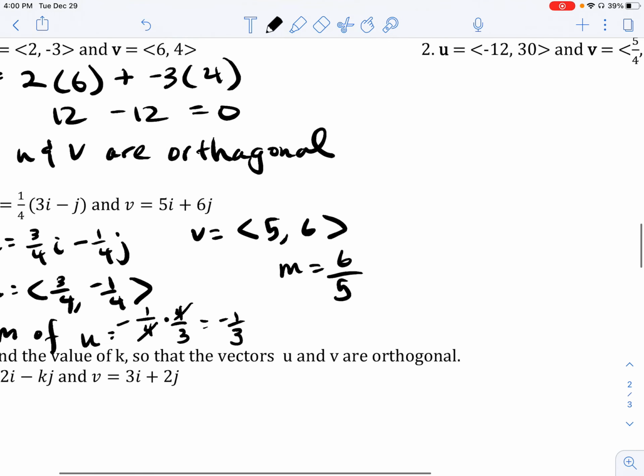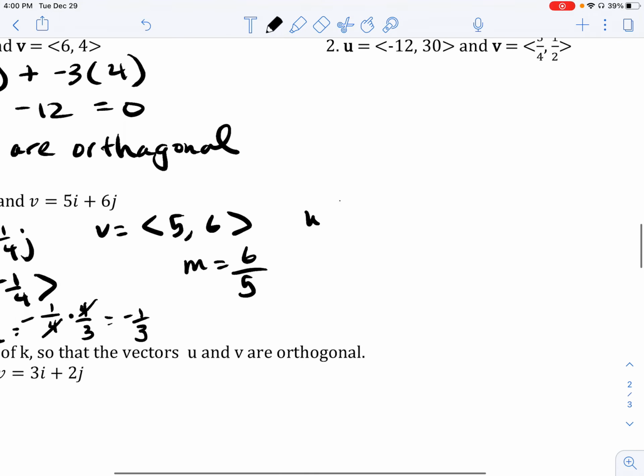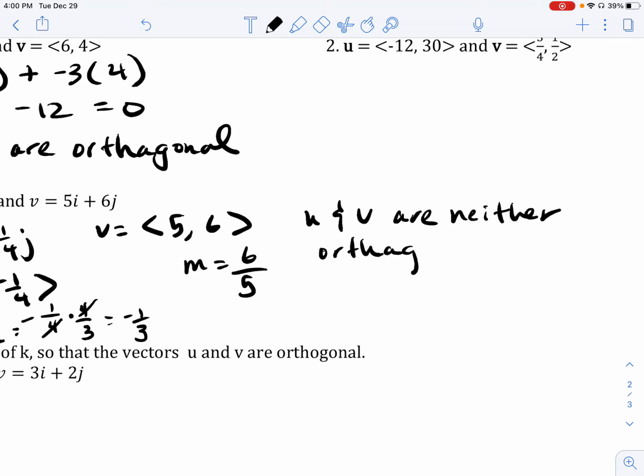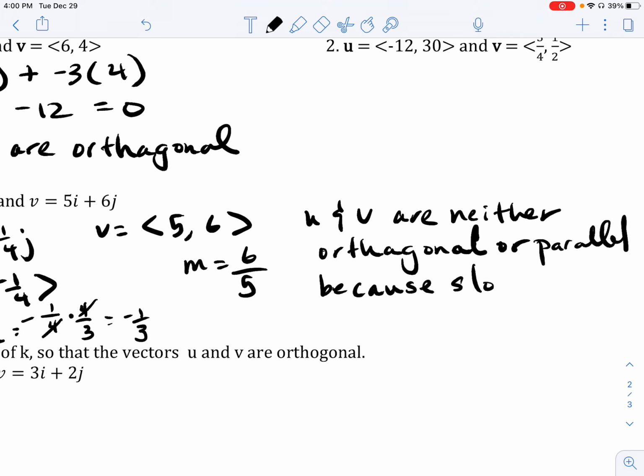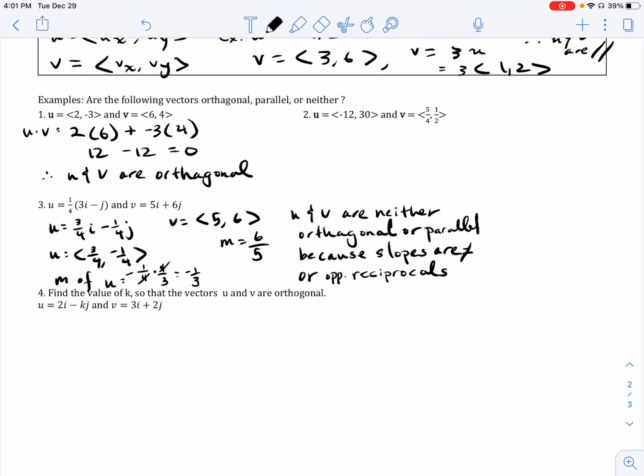What we would then write is the following: we would say u and v are neither orthogonal nor parallel, because the slopes are not equal or opposite reciprocals. So there's my full justification to indicate how we know these vectors are neither orthogonal nor parallel to one another.